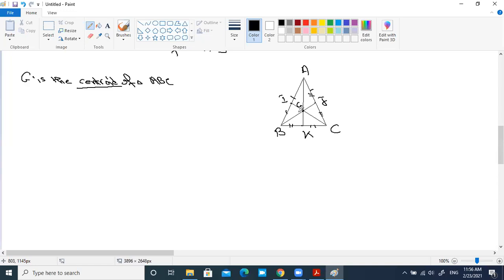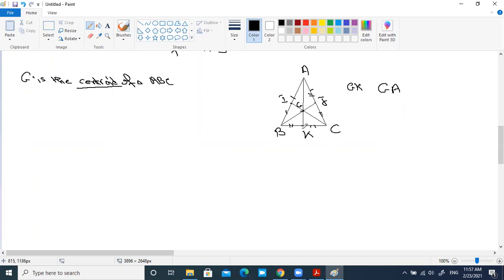Compare, not as vectors, only magnitudes.